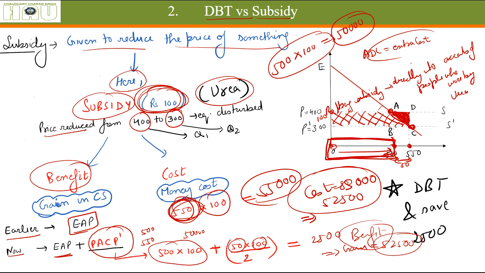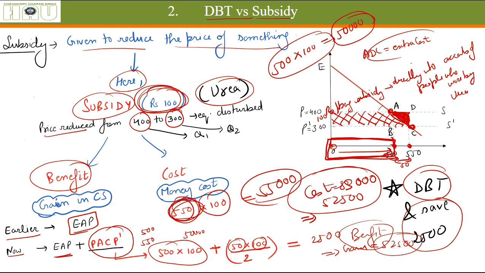By giving 50,000 directly into the accounts, we can effectively reduce the price of urea and not let the demand increase, which leads to cost being greater than the benefit. That's why direct benefit transfer will save the government 2500 rupees if they give it to the consumers directly.